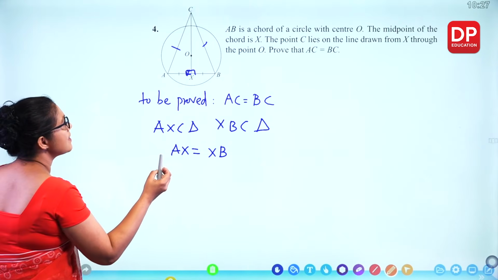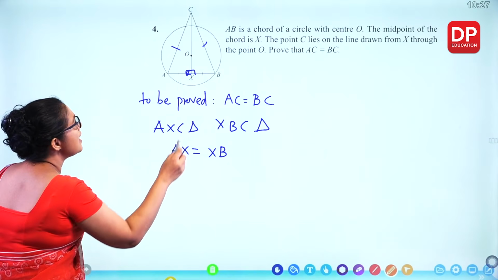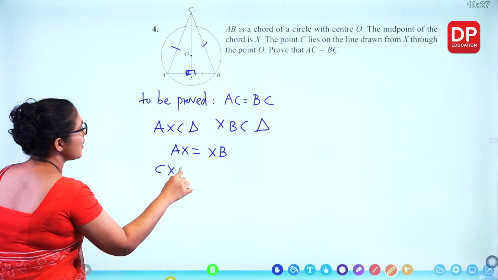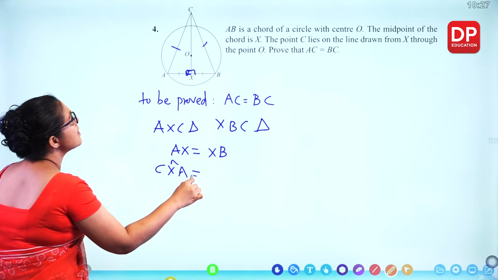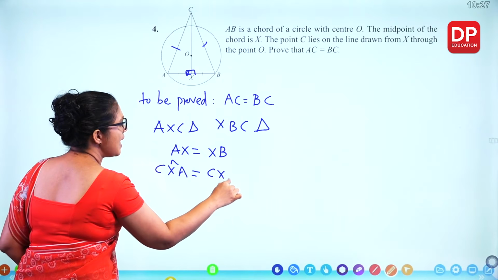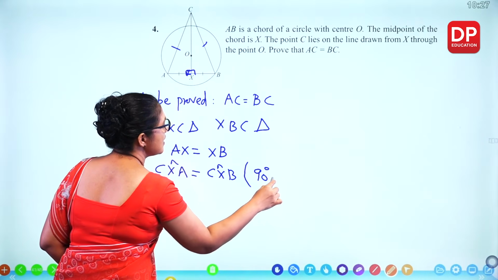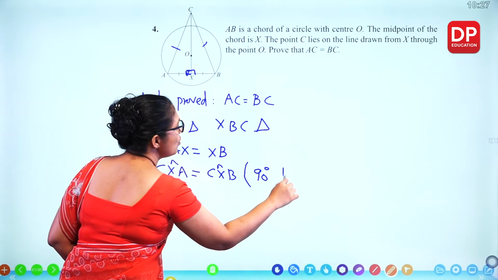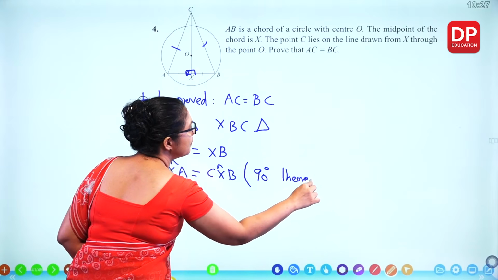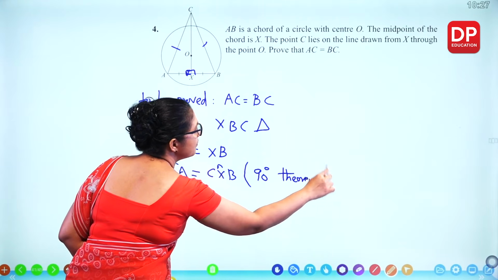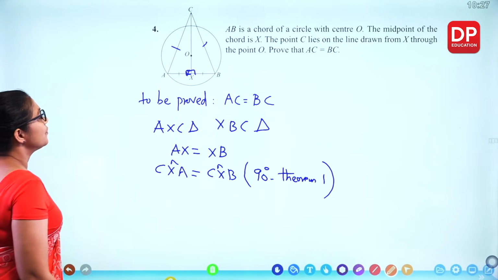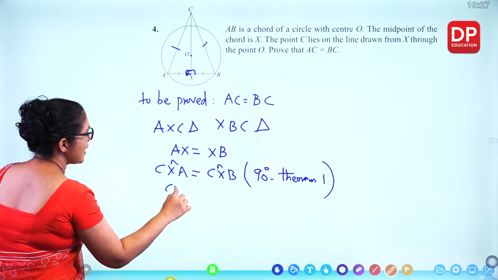So here we can say CXA angle is equal to CXB angle. So that's 90 degrees according to theorem 1. And also we know CX is common.